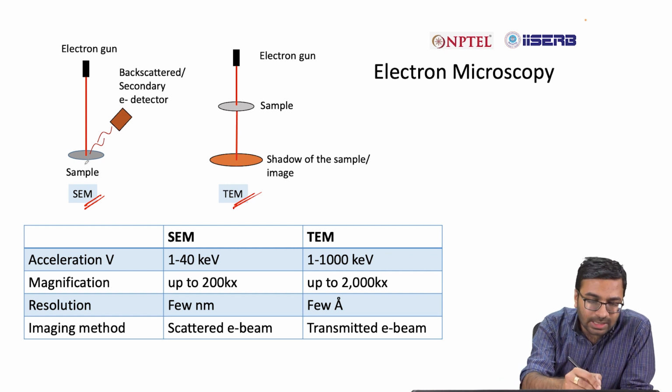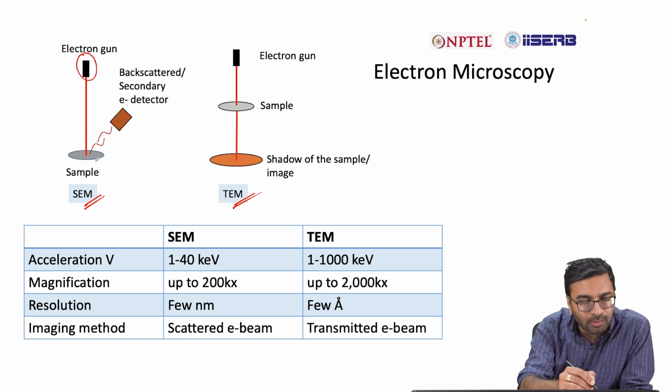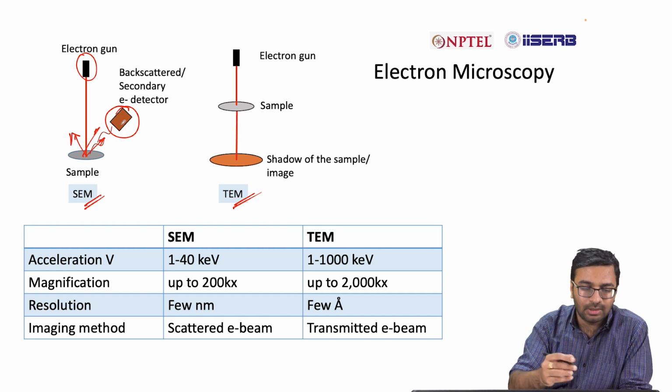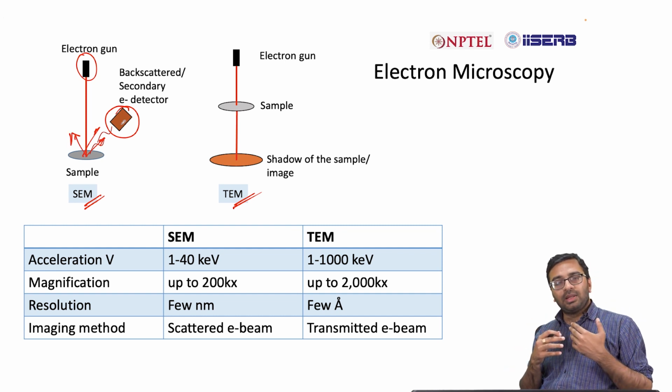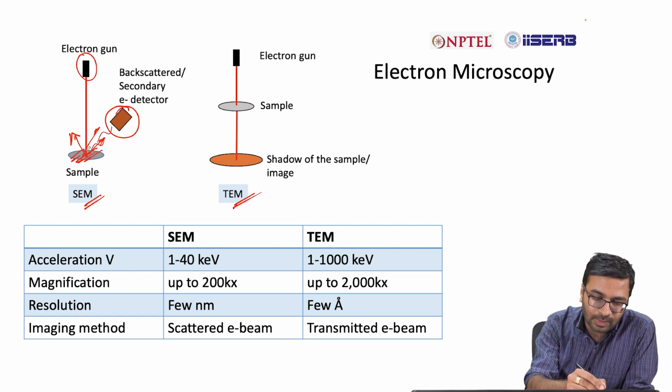In case of scanning electron microscope, you have an electron gun, then there is an electron beam that falls on top of the sample, and then there is a backscattered or secondary electron detector that detects the reflected electrons, and from that reflected electron one can image the surface of the sample.